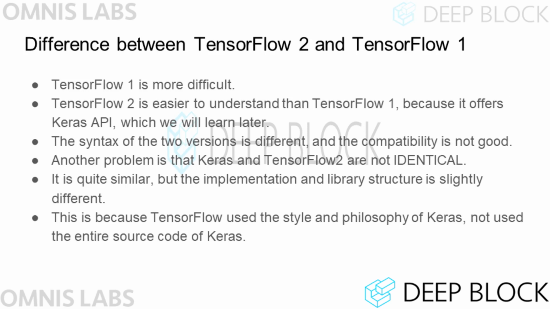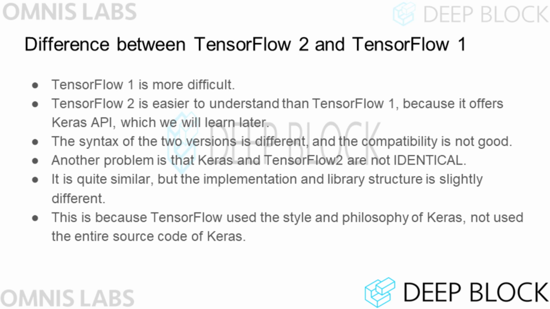Let's dig into the differences between TensorFlow 1 and TensorFlow 2 a little more. First, TensorFlow 1 is more difficult to learn and handle than TensorFlow 2. This is because TensorFlow 2 has been redesigned with a reference to a library called Keras. Also, TensorFlow 1 and 2 are not very compatible.